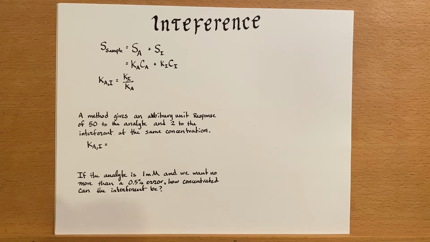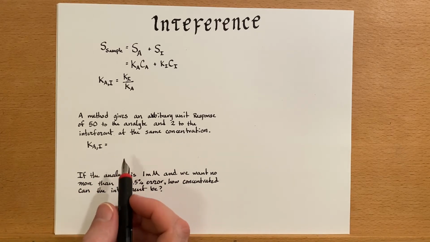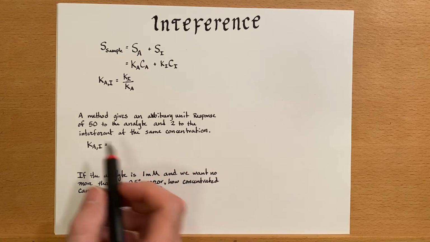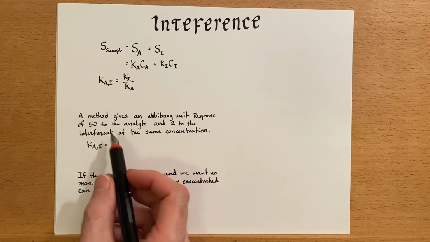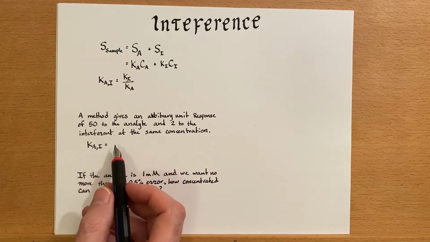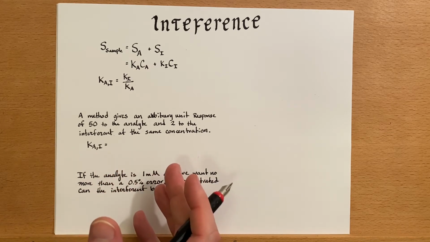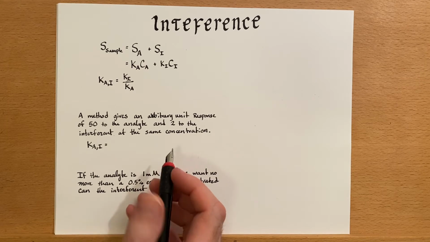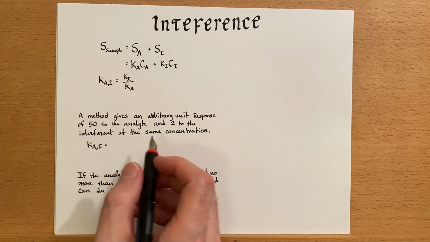So what is the selectivity coefficient? Well, if we have a method that's giving an arbitrary unit response of 50 to the analyte, and it gives a response of 2 to the interferent, and assuming both of these are at the same concentration, then we can simply substitute in these values.